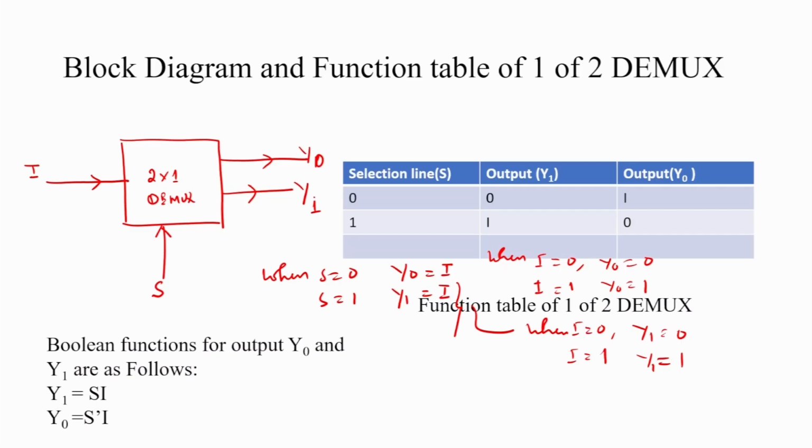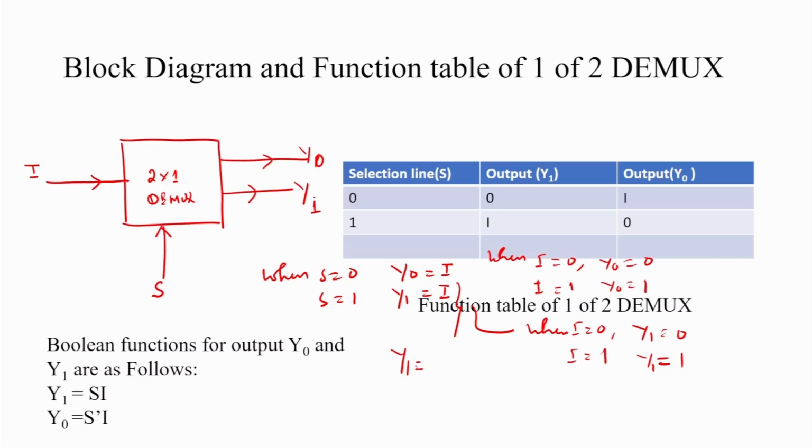and which particular output line the input is supplied to depends on the selection line. Here there is only a single selection line S. When the value of the selection line is 0, the input is supplied to output line y0, and when S is equal to 1, the input is supplied to output line y1. We directly write the Boolean expressions for the output functions y1 and y0.